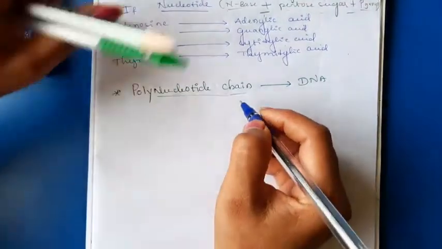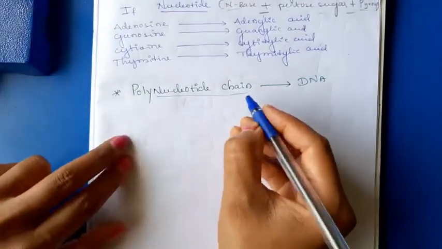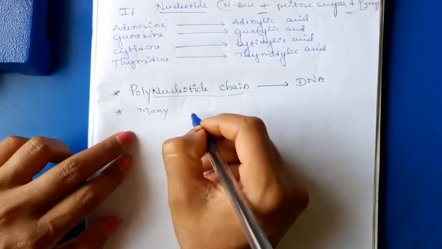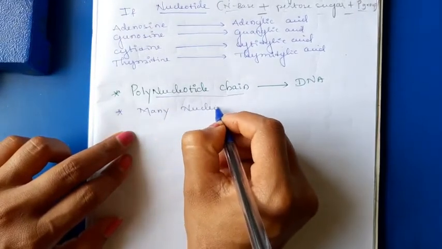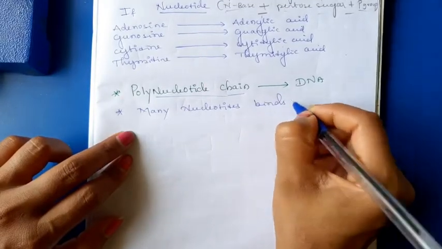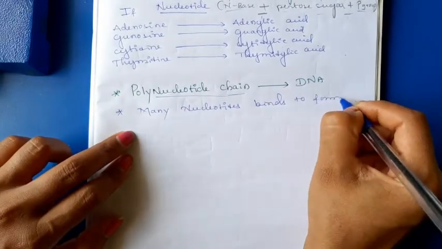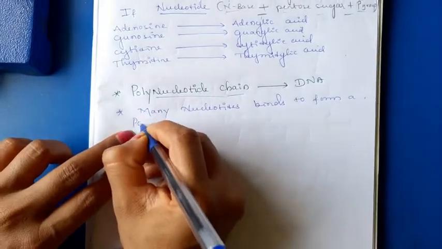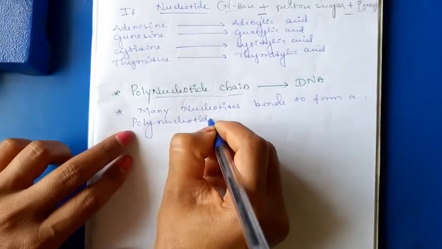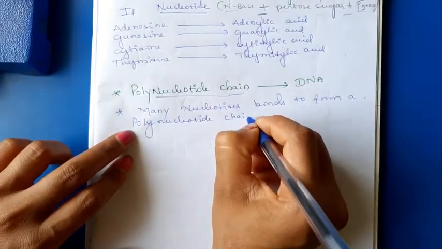Okay. Polynucleotide chain. Many nucleotides bind to form a polynucleotide chain. Okay.